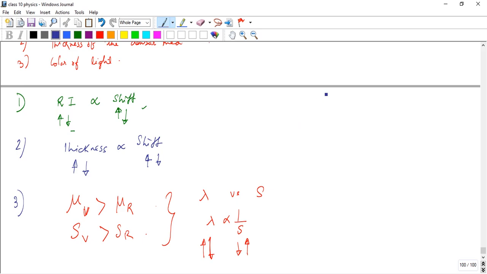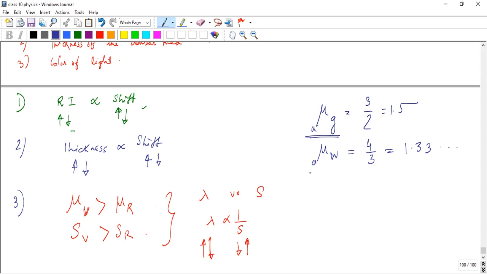But take another example here. If mu of air to glass is 3 by 2, 1.5, the refractive index of glass, and similarly the mu of air to water is 4 by 3, see that is the refractive index.